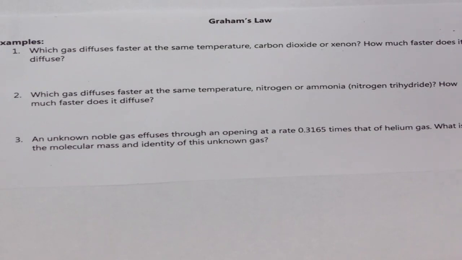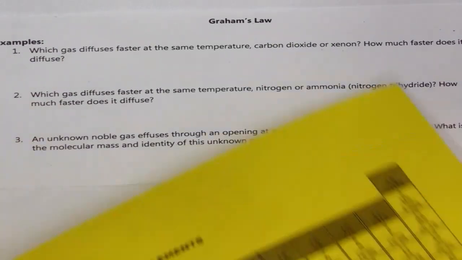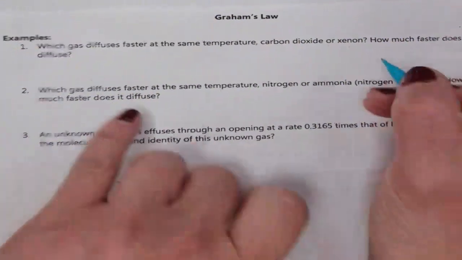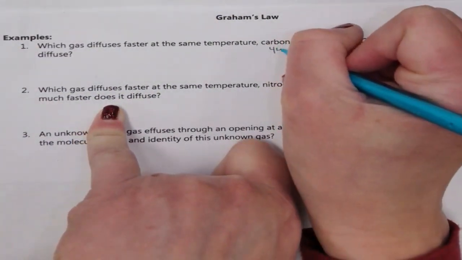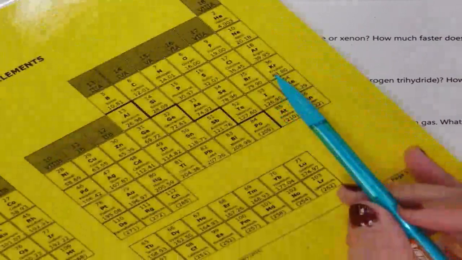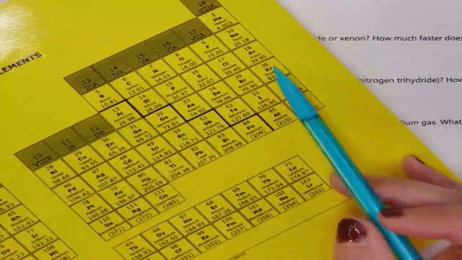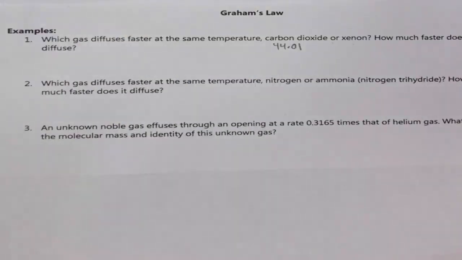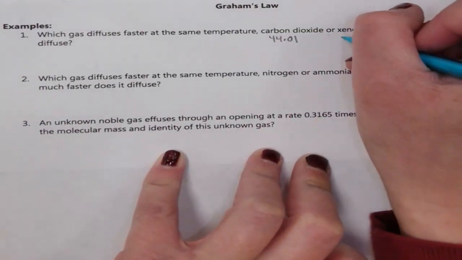So, when we look at our periodic table, and we use the periodic table to determine the molar mass of carbon dioxide, 1 carbon and 2 oxygens, we are going to get a molar mass of 44.01 grams per mole. And xenon, according to our periodic table, is going to have a mass of 131.29.